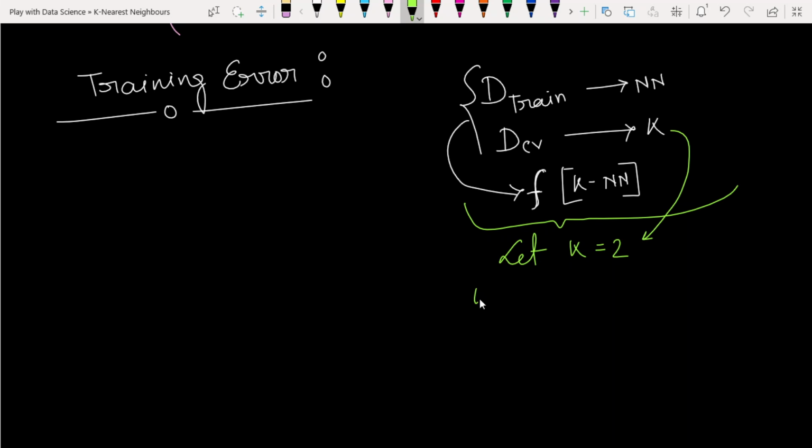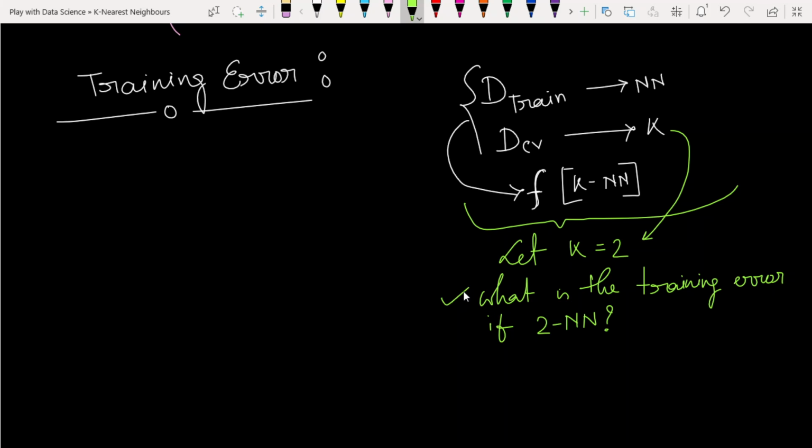So now the question is, what is the training error if we consider 2NN, meaning k equals 2? This is the big question, what is the actual training error?